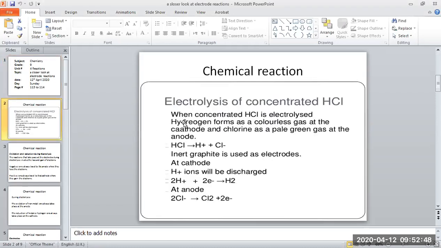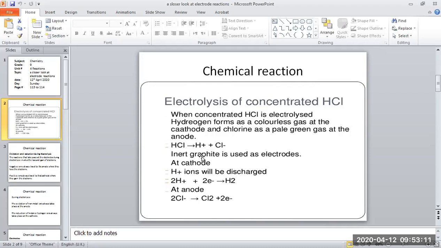First of all, electrolysis of concentrated hydrochloric acid. When hydrochloric acid is electrolyzed, hydrogen forms as a colorless gas at the cathode and chlorine as a pale green gas at the anode.